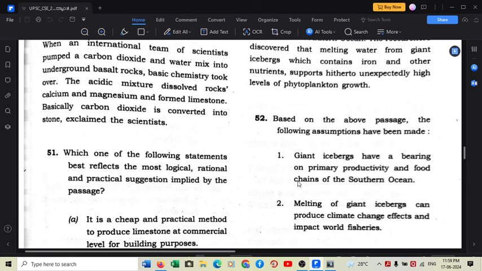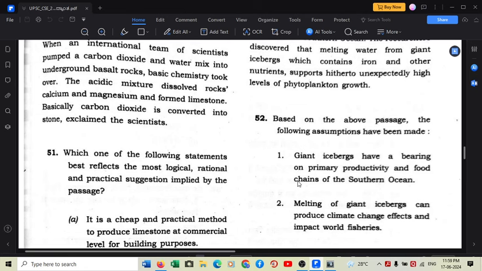And you see statement number 2: melting of giant icebergs can produce climate change effects and impact world fisheries. Why is the author talking about climate change effects? Because the reference in the above passage is to carbon dioxide, which is contained in giant icebergs.